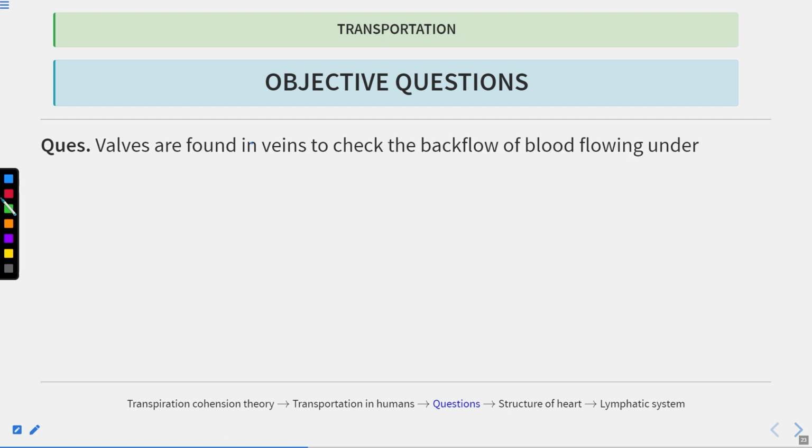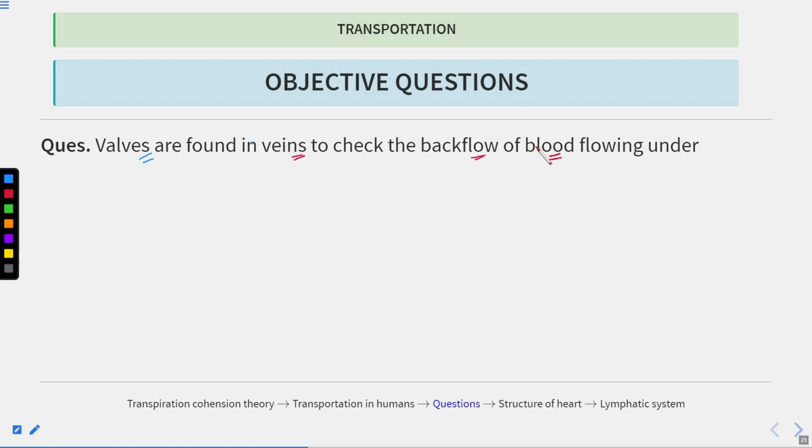Now let's start with the next question. The next question is, the walls are found in the veins to check the backflow of the blood flowing under. So the veins consist of walls, and the walls prevent the backflow of the blood.